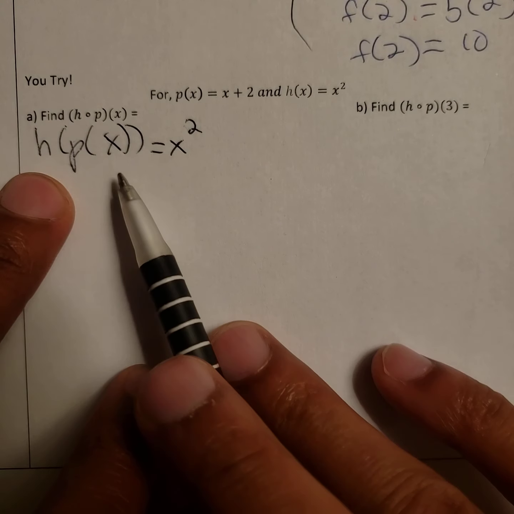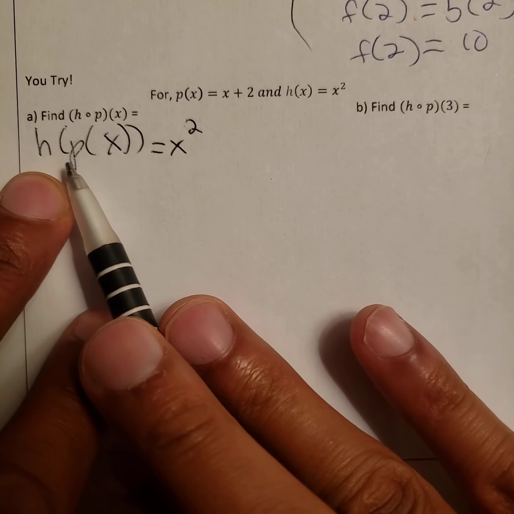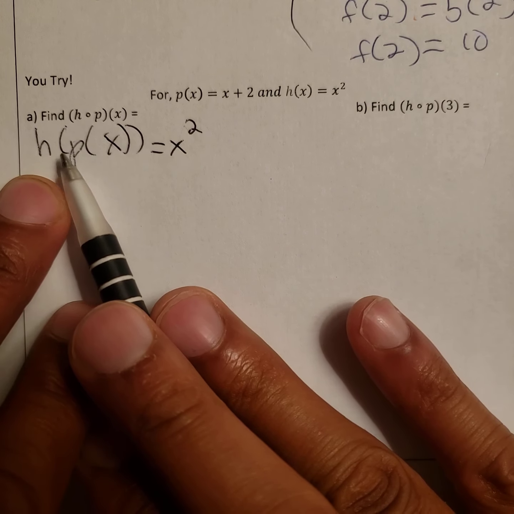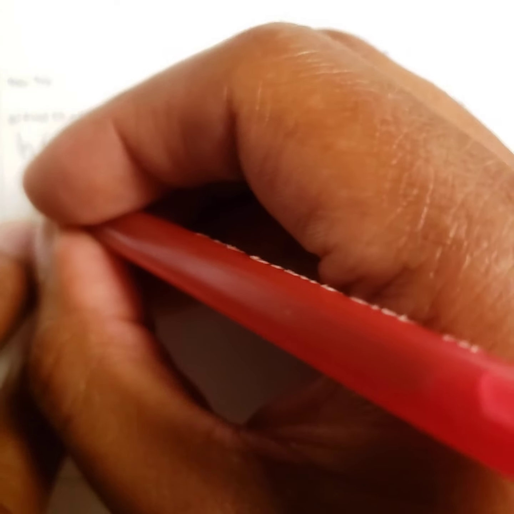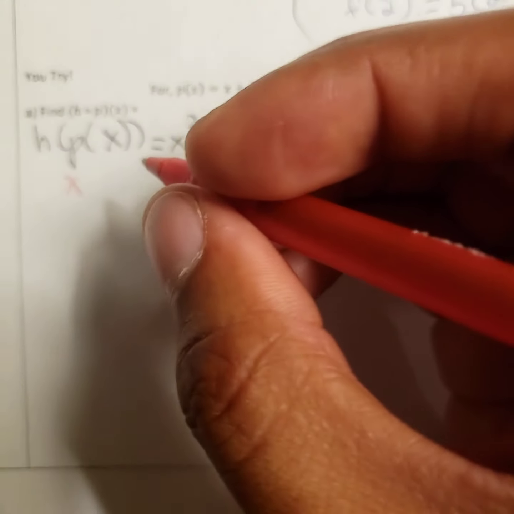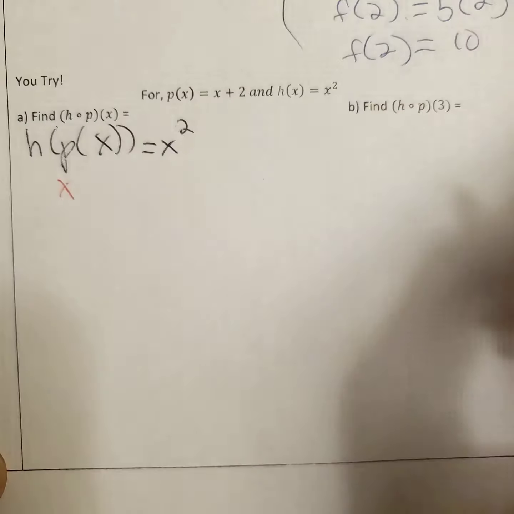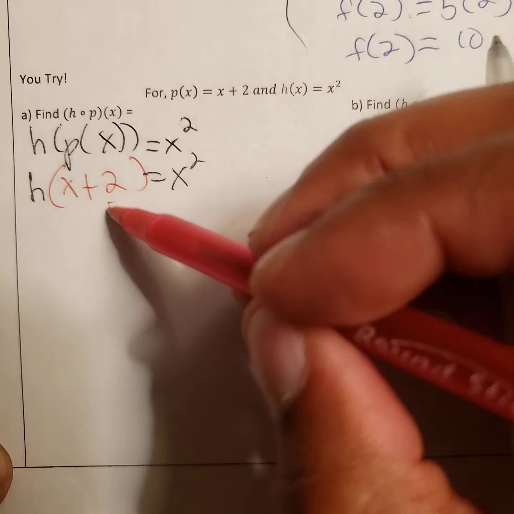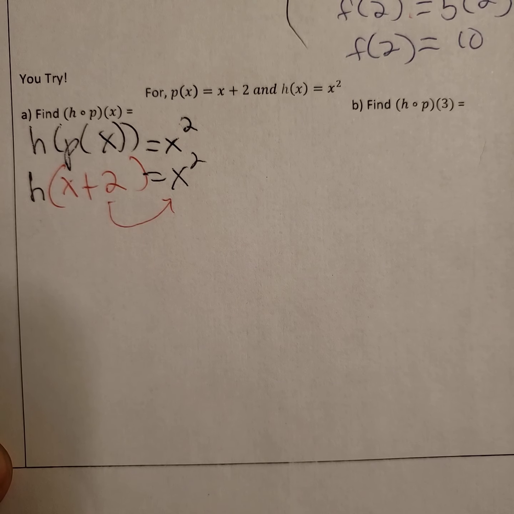Now, it's a little bit tricky, but we'll get used to the notation. So we can say h composed of p of x is the same thing as h of p of x. Okay, now we know p of x is going to be x plus 2. So I'm going to say x plus 2. h of p of x is equal to x squared, but we're going to substitute that in for x.